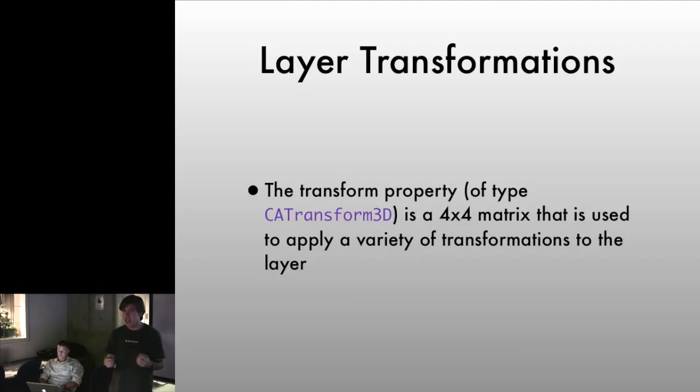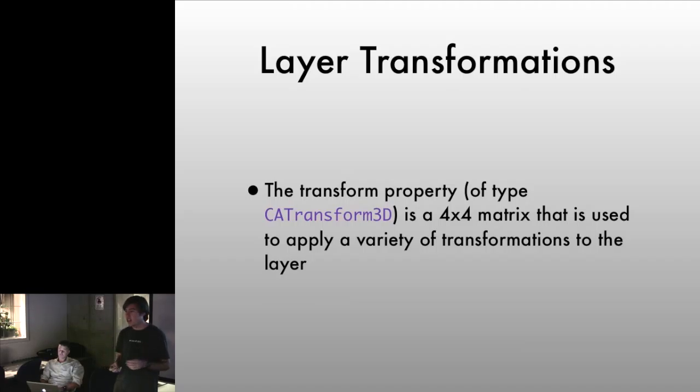Views, as you may have seen, have a transform property, and this is what's called an affine transformation. Views can only perform affine transformations. Does anybody know what an affine transformation is? An affine transformation is any transformation that preserves the parallelogramness of the rectangle. That means any two sides that are parallel must remain parallel after the transformation. So this includes translations, rotations, scales, and also a skew.